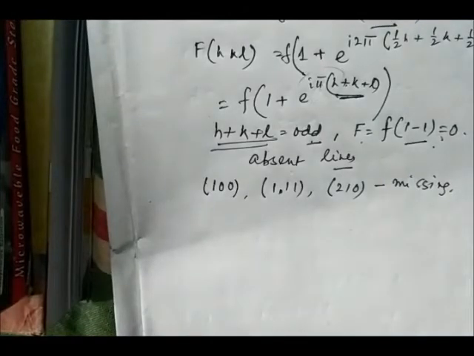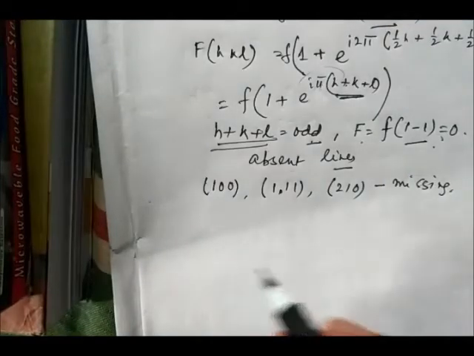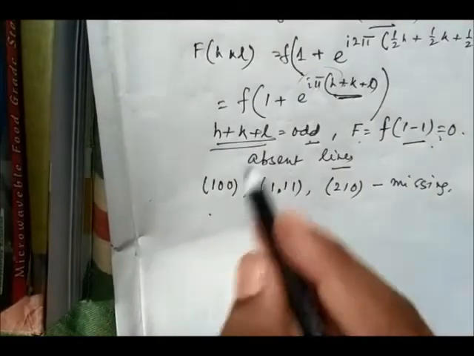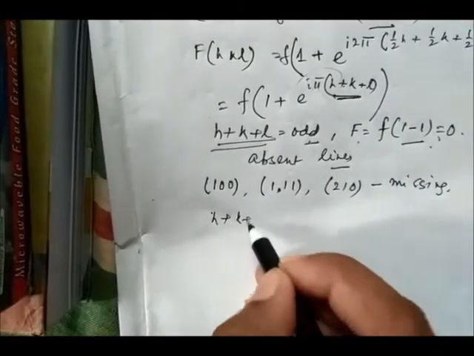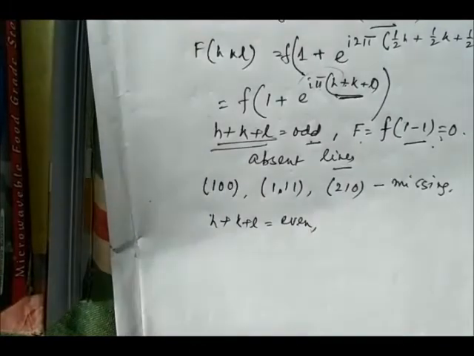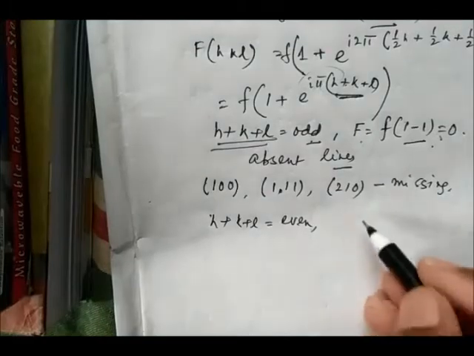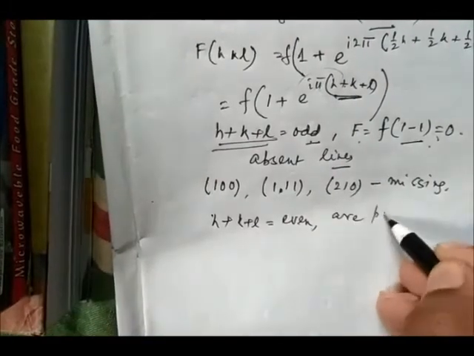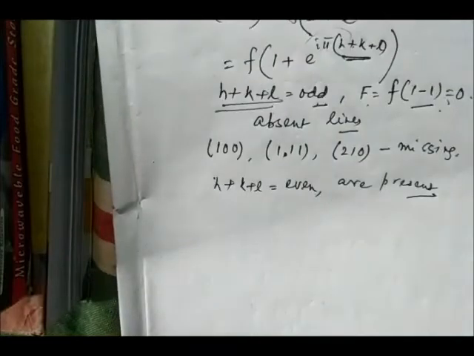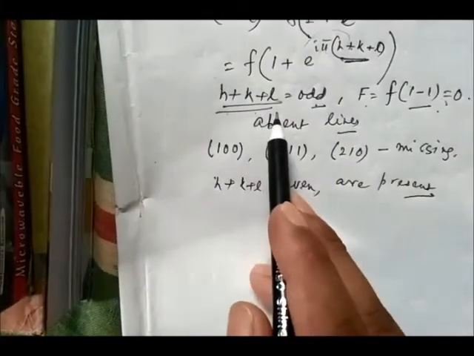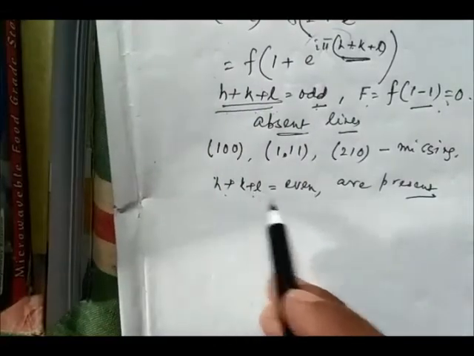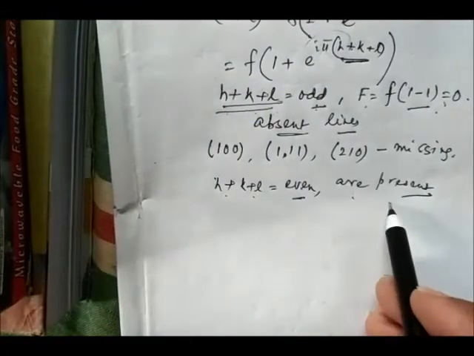But for those for which h plus k plus l is even, those lines are present. So h plus k plus l odd is absent, and h plus k plus l even is present.